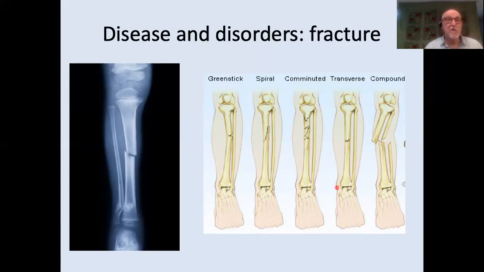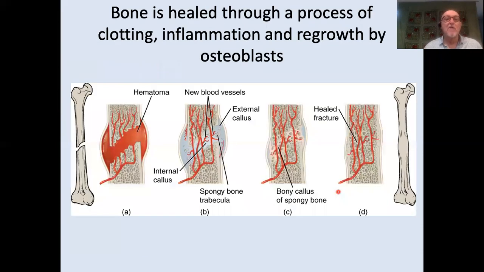Okay, unfortunately we do break bones, but a broken bone heals. Don't forget, bone is a living tissue. And so it heals, and there is a process for its healing. The very first thing is, bone is richly supplied with blood, so these breaks often cause hemorrhage around the bone.